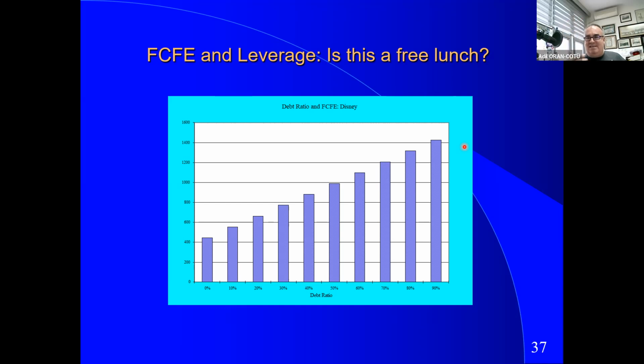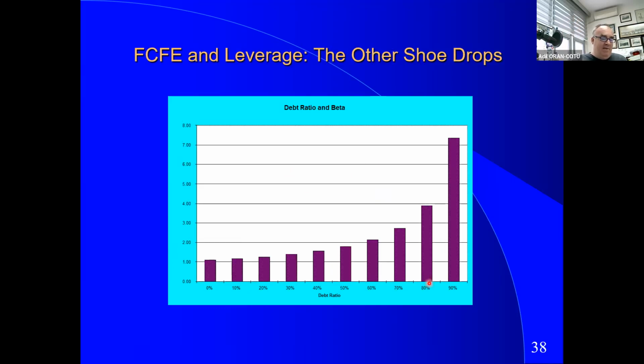Wow. So does this mean that with more debt, the value of equity immediately goes up? Be careful. Because yes, the free cash flow to equity is going up as you use more and more debt, but keep in mind that more financial leverage, more debt, also pushes up the discount rate.